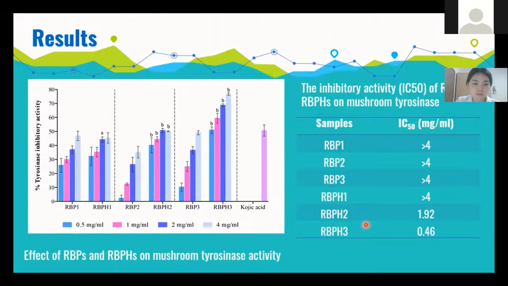You can see that RBPH2 and RBPH3 show IC50 values of 1.92 and 0.46 mg per milliliter respectively, while the other fractions show an IC50 higher than 4 mg per milliliter.